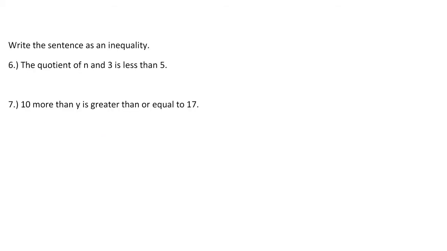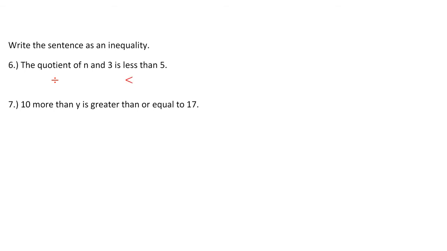In number 6 and number 7, we're asked to do some translating from English sentences to mathematical sentences, known as equations, or in this situation, inequalities. So I want to make sure that I understand some of my vocabulary. Like quotient means I'm going to divide, and is less than.